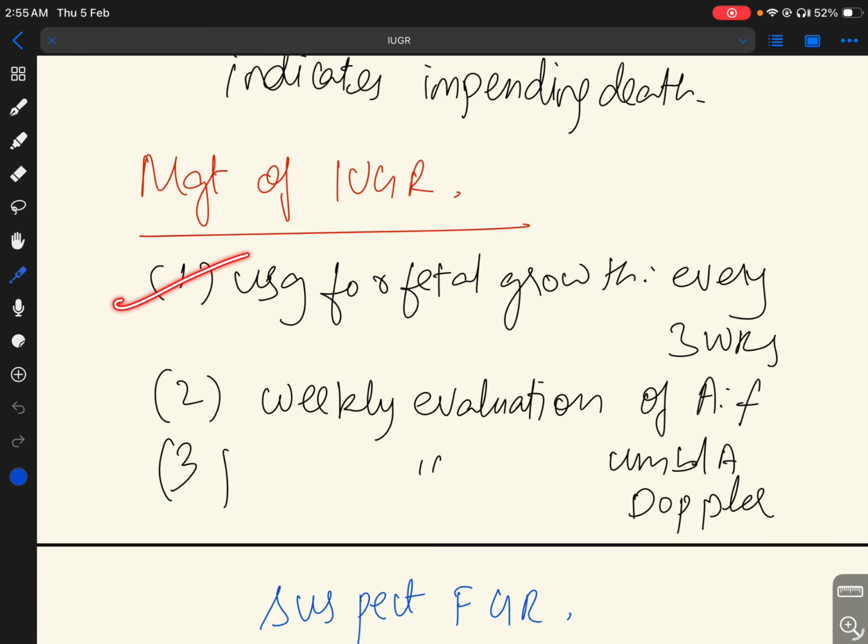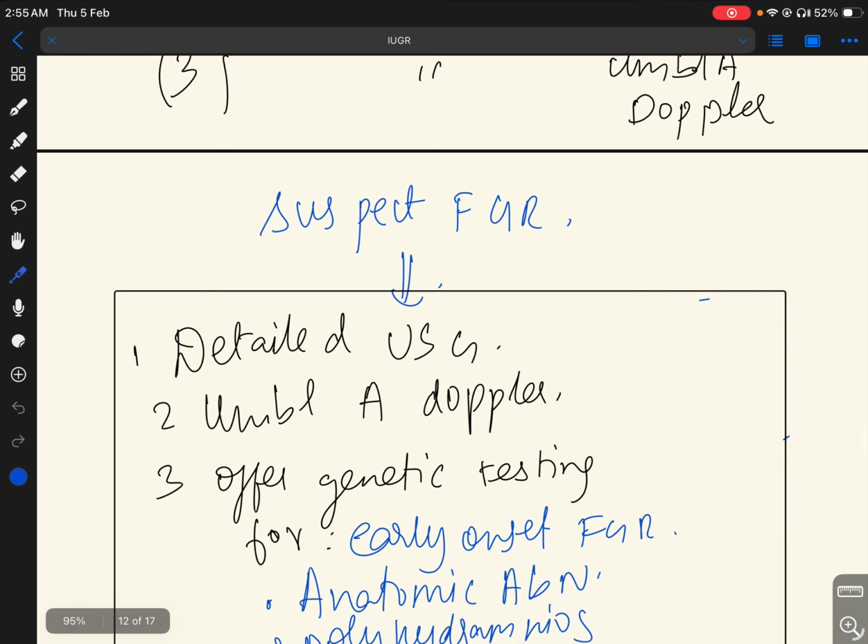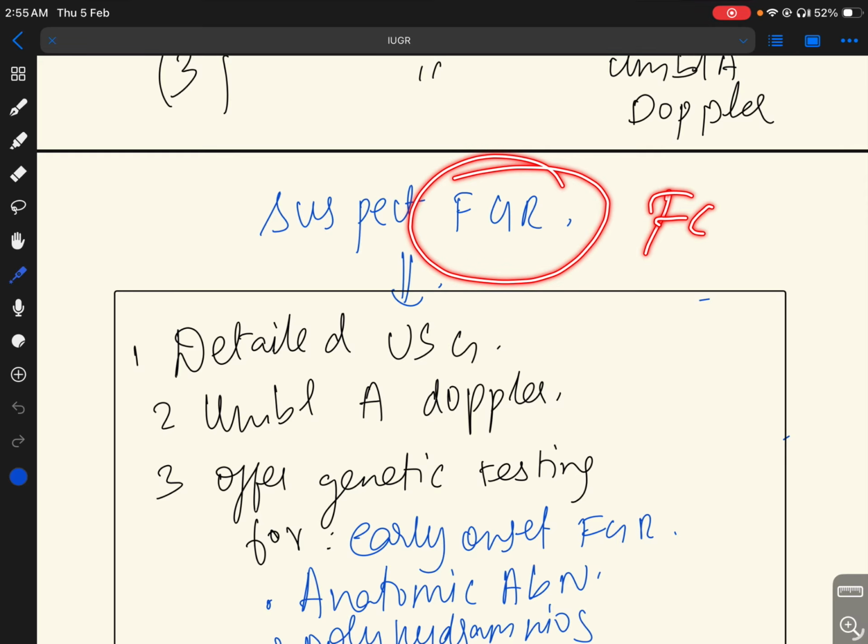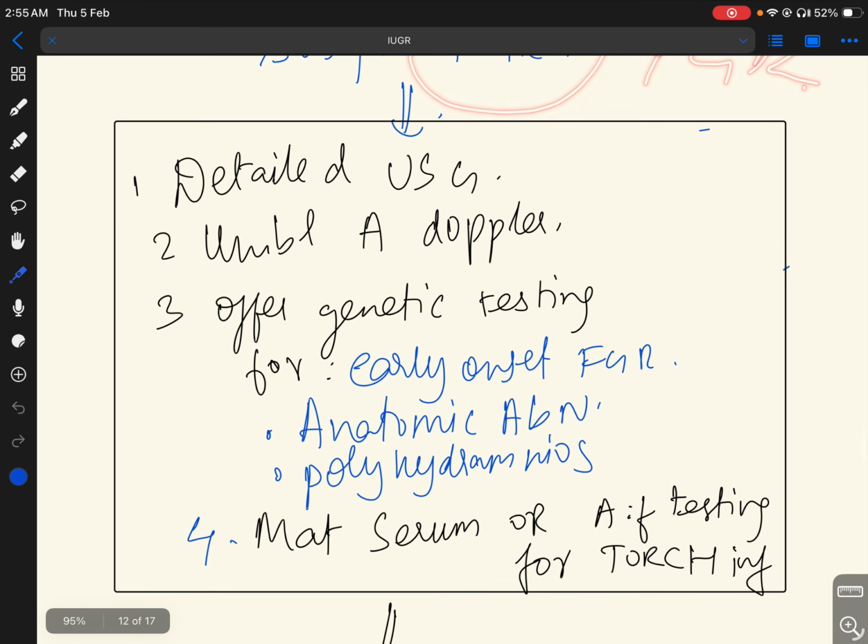You have to do ultrasound for fetal growth every 3 weeks, weekly evaluation of amniotic fluid, and weekly evaluation of umbilical artery Doppler. You have to suspect fetal growth restriction. Then you have to do a detailed USG and umbilical artery Doppler, and offer genetic studies for early onset FGR, anatomical abnormality, and polyhydramnios.